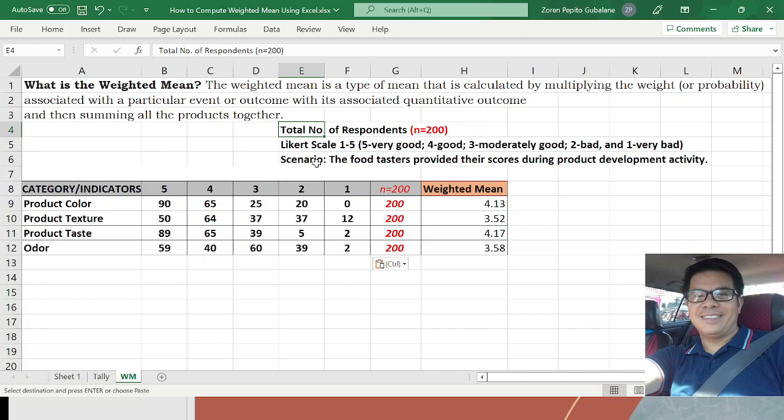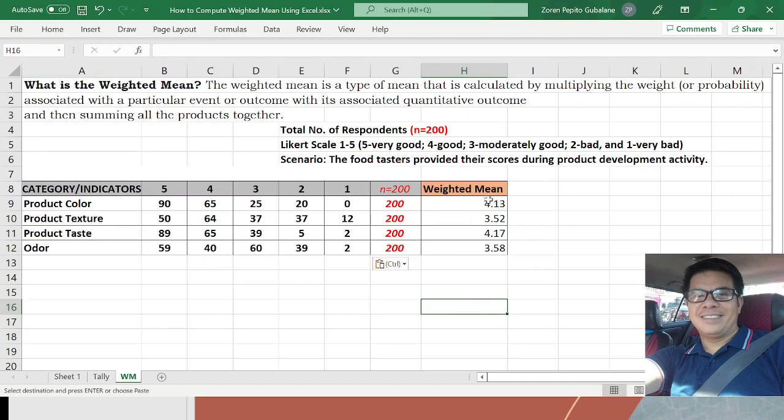The scenario is like there was an activity about product development, and food tasters participated in the survey and provided their scores about the product for purposes of tasting, in terms of color, texture, taste, and product odor.